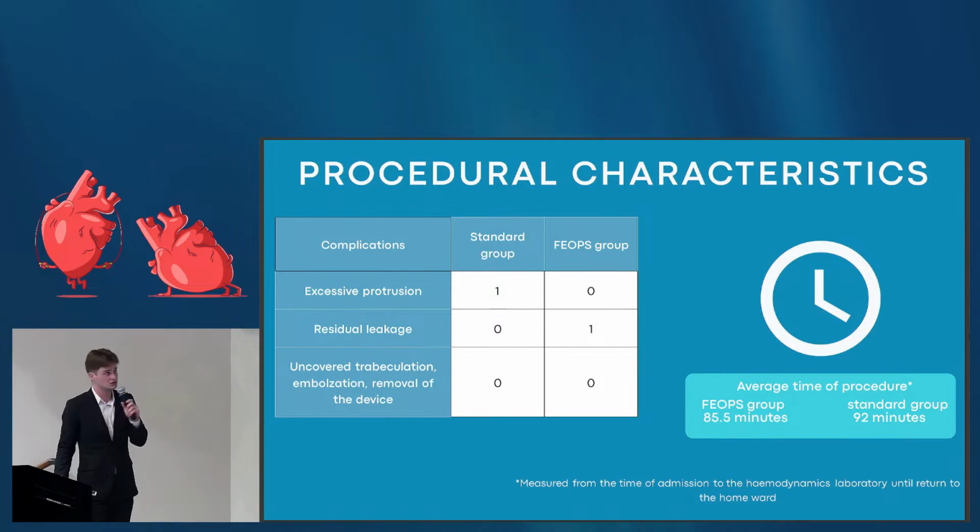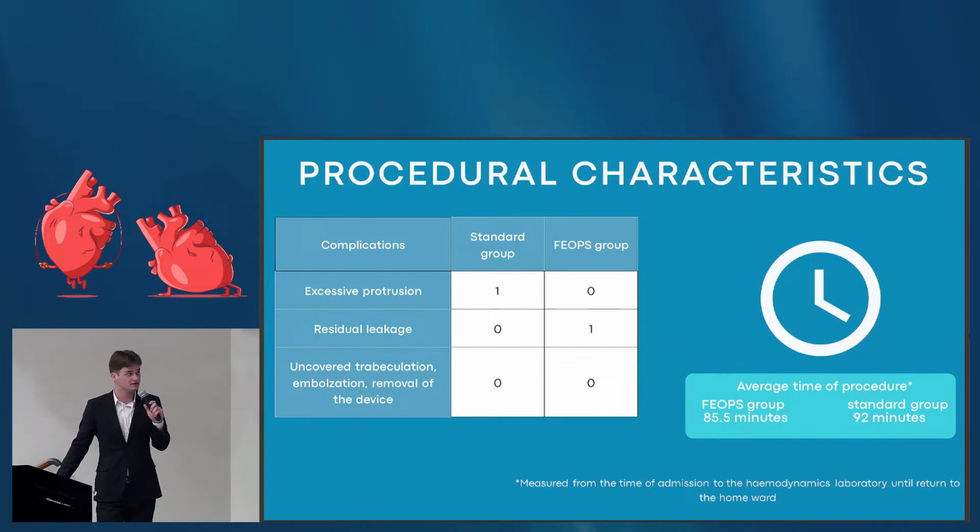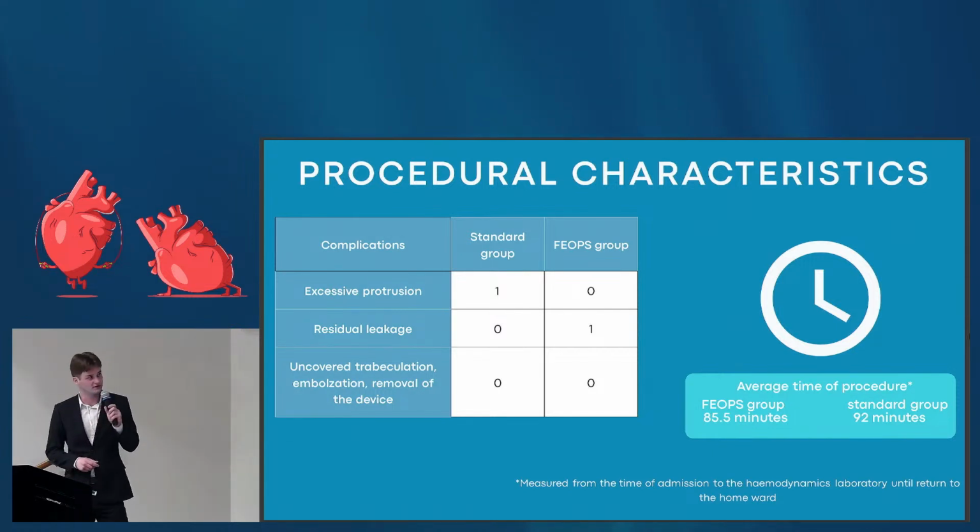Excessive protrusion was visible only once in the standard group, and residual leakage once in the FAIRS group. The uncovered trabeculation didn't occur once, as well as embolization and removal of the device. And the mean time of the procedure in the FAIRS group was 85.5 minutes, and in the standard group 92 minutes.